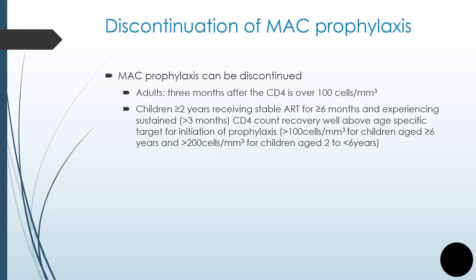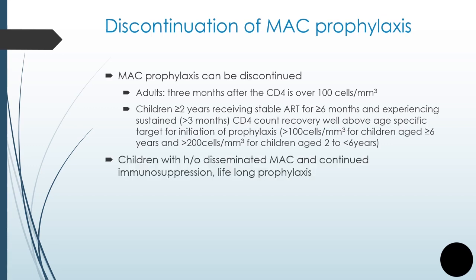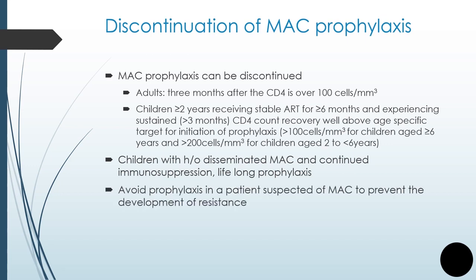In children who are more than 2 years of age, who are stable on ART for more than 6 months and experiencing sustained CD4 count recovery well above their age-specific target which was used for initiation of prophylaxis, that is more than 100 cells for children who are more than 6 years, or more than 200 cells for children between 2 to less than 6 years of age. Children who have disseminated MAC and continued immunosuppression, lifelong prophylaxis is recommended.